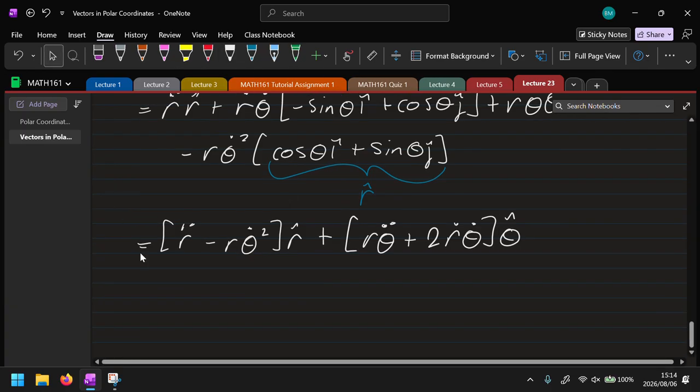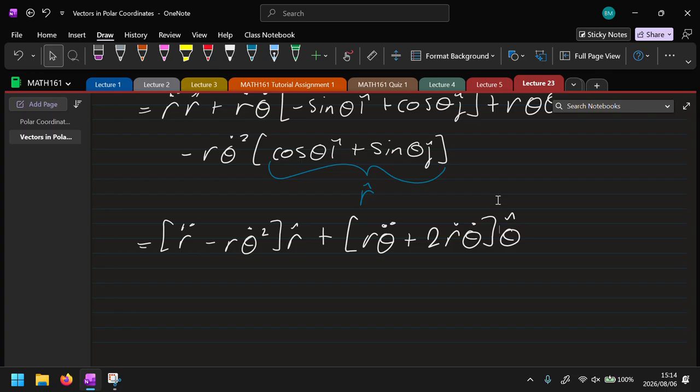Now we've got four terms here, and four chances for some bonus marks. Okay, so we're going to name them. First term, what is the physics name for that? You don't know, okay? The whole thing's acceleration. What do we call that first term?